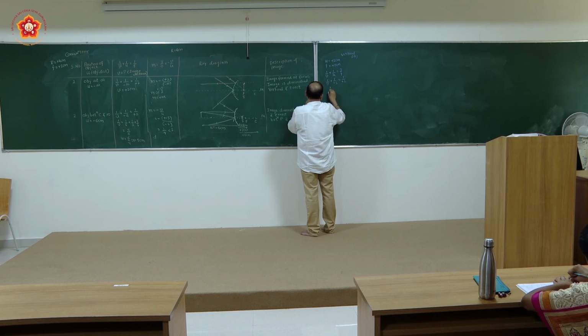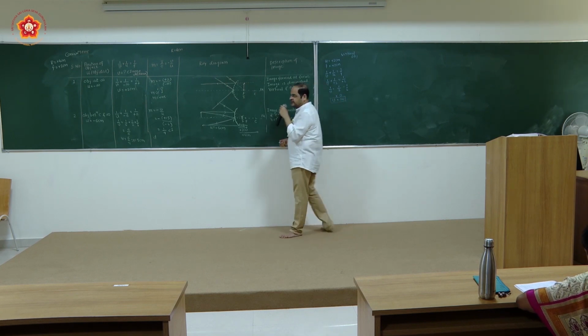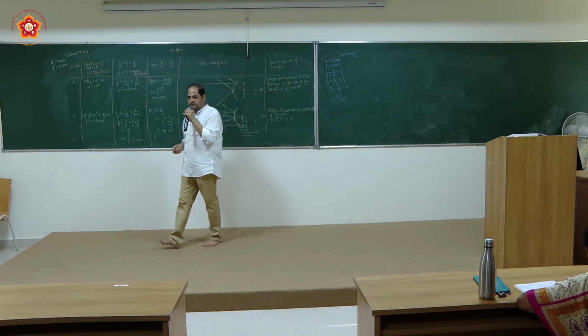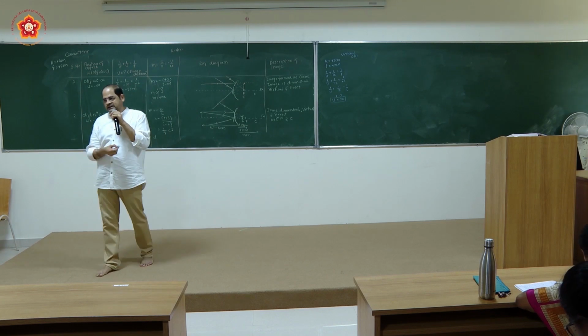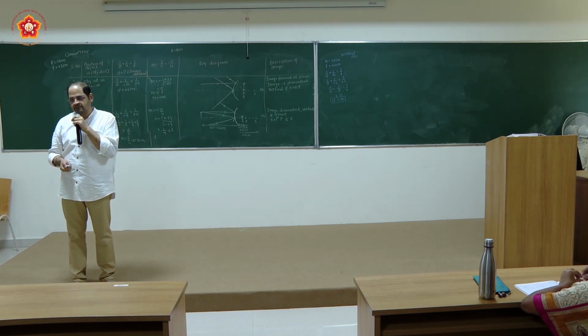So you will be having 1 by v is equal to 1 upon 2 minus of 1 upon 2. So it will be 0. So image will be formed at infinity. तो यही तो हमने प्रूफ किया है. When the object is at focus, the image will be at infinity. Object is virtual here, so image will be real.